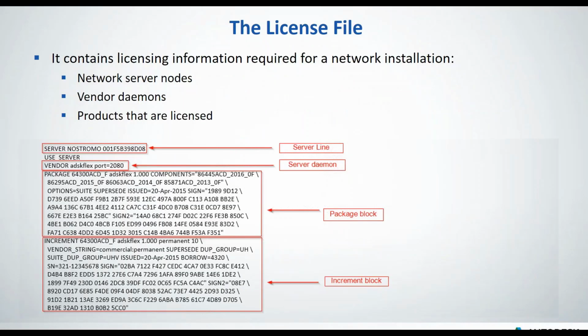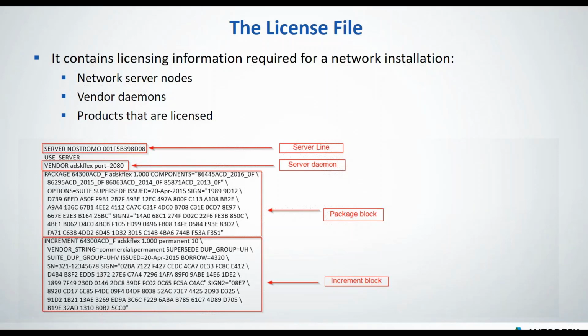We'll see this in this slide. This is an example of a license file, which is usually composed by a server line. It's the first line in our license file, and contains information about the machine that will run the license server.